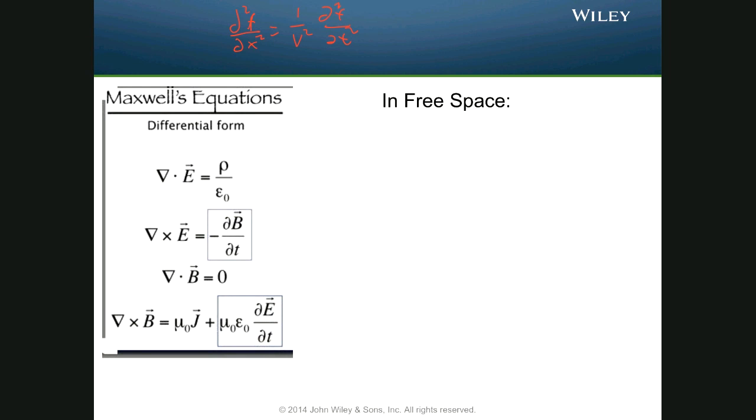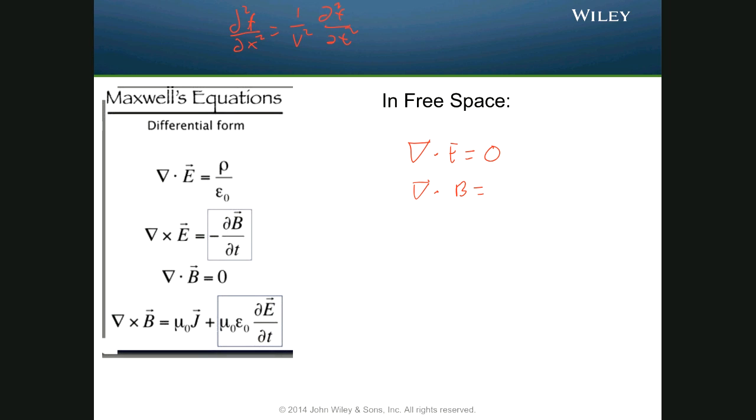The first major result of Maxwell's equations was to see if we could sieve out the nature of light. And you'll see here we can rewrite Maxwell's equations in free space. In free space, there are no charges, so del dot E will be equal to 0. We already know del dot B is equal to 0 because there are no magnetic monopoles.